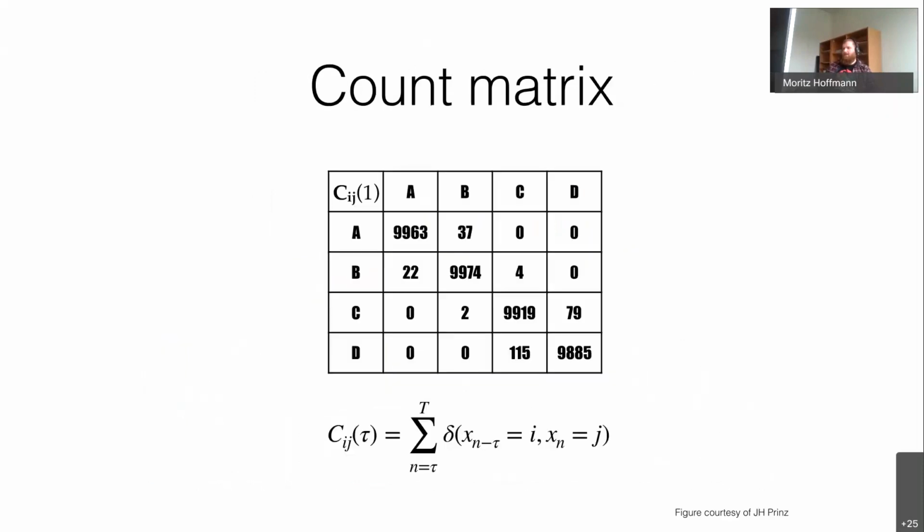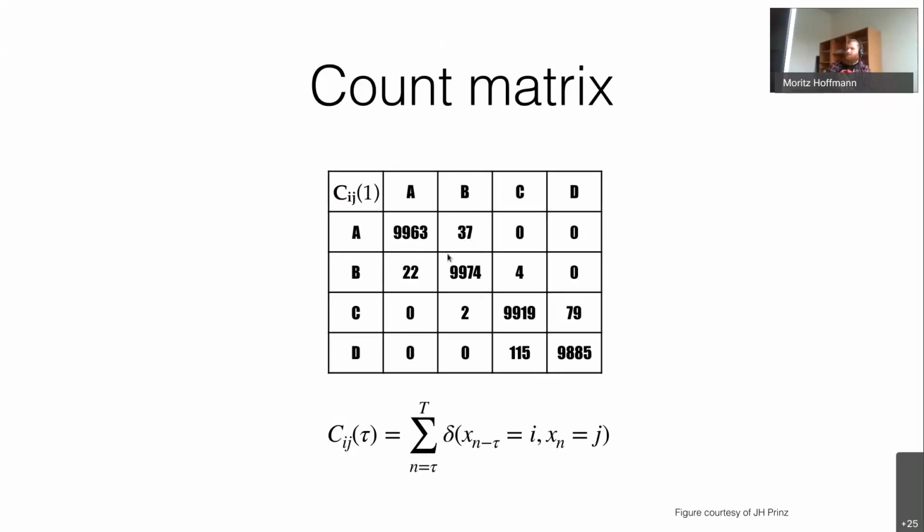Okay, so now we can count, right? We just count our state transitions. So we set up a count matrix, and we count for each tuple x1, x2, x2, x3, x3, x4, and so on, what is the state transition here? So most of the time we would, for instance, stay in A, right? We would see AA, and suddenly we see AB.